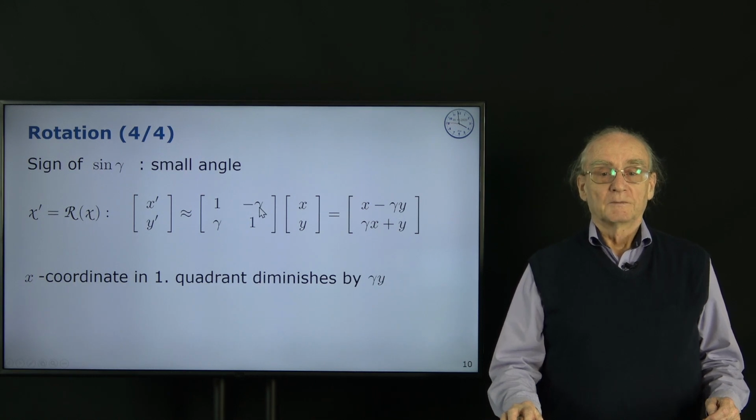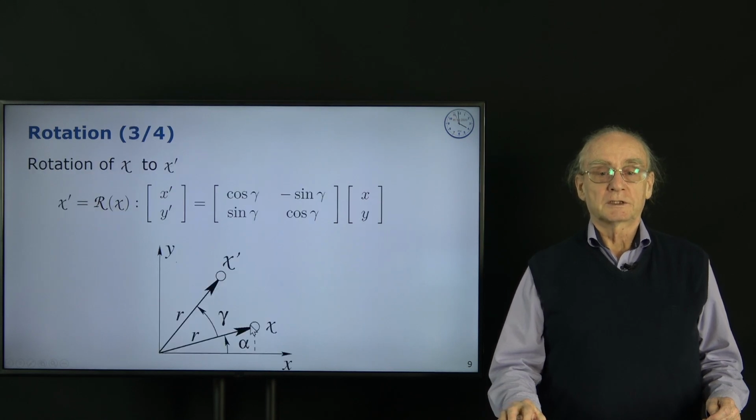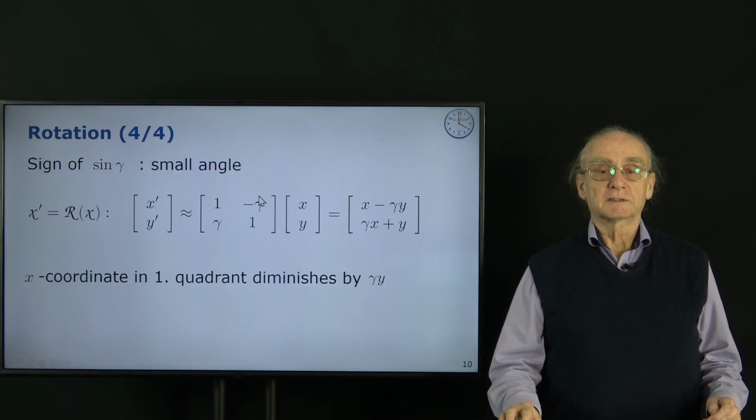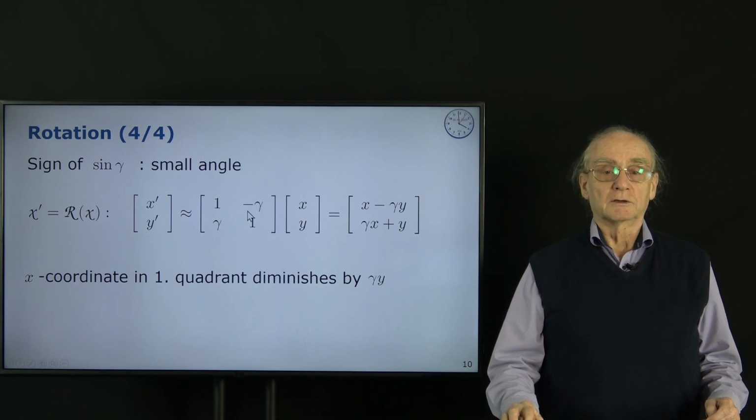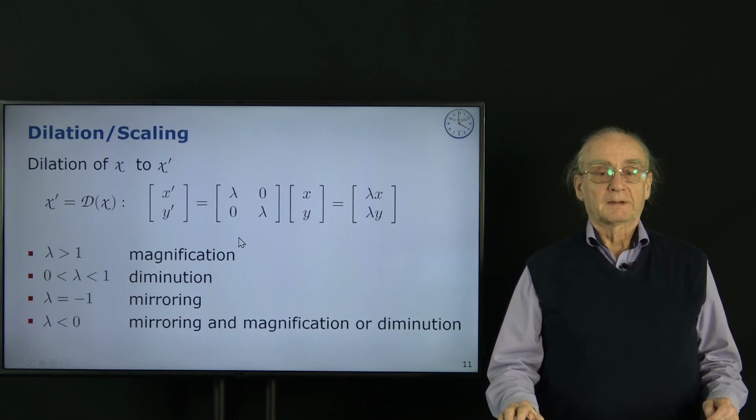That means you diminish the x coordinate by a small amount if the point is in the first quadrant. So you see here the point x moves a little bit to the left, which is indicated by this minus sign. So this way you can remember whether you have a minus sign here or on the other side.